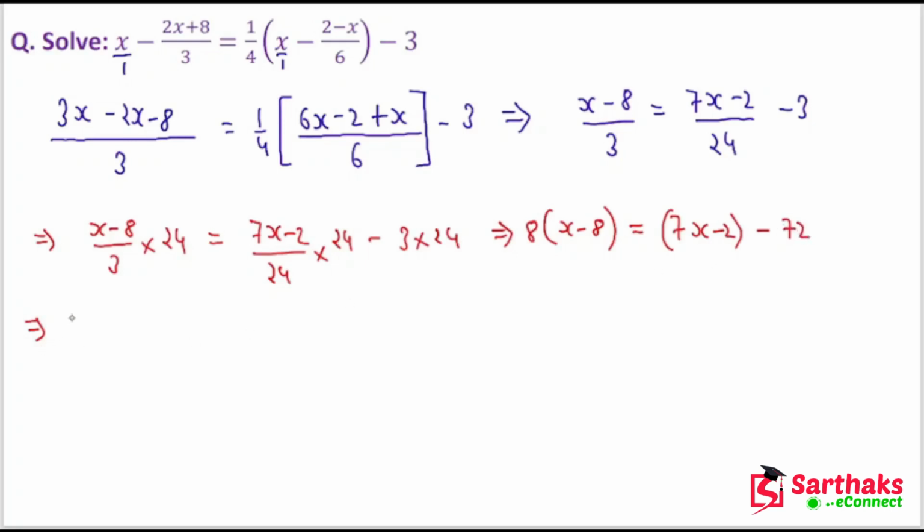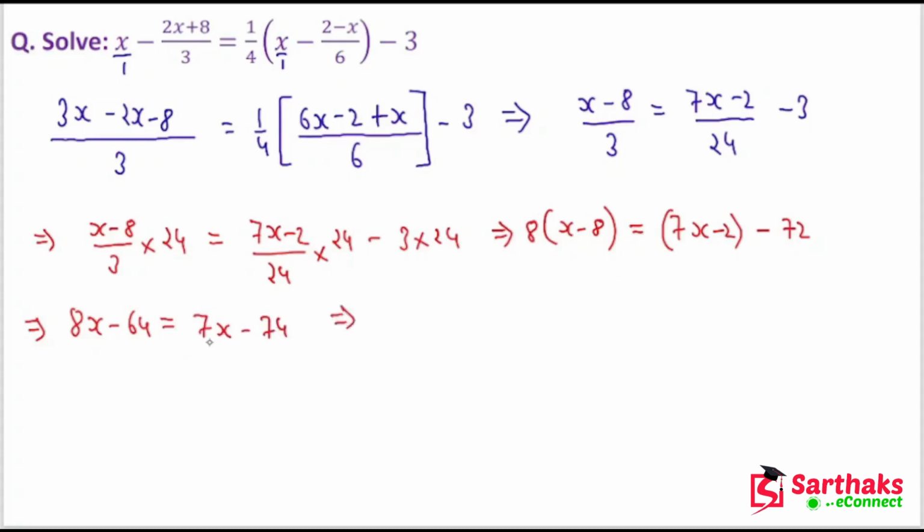Okay, multiplying 8 inside, we will get 8x minus 64 is equal to 7x minus 2 minus 72, which is equal to 7x minus 74.